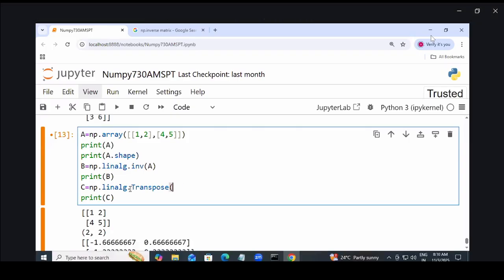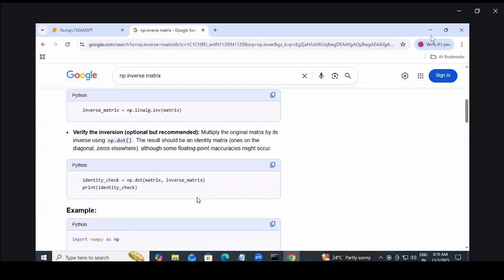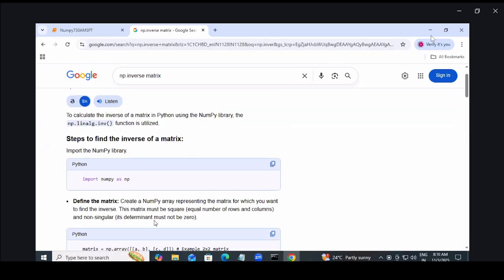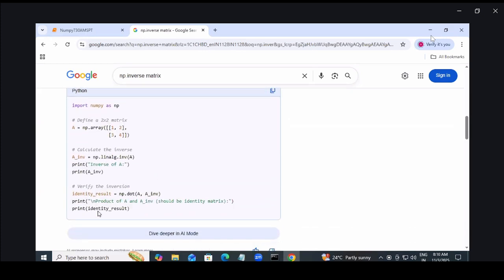Capital T you can use, but there is also a method in linear algebra called transpose.